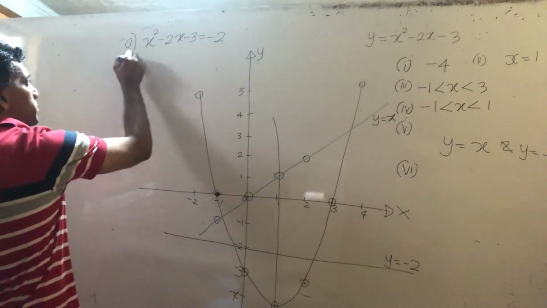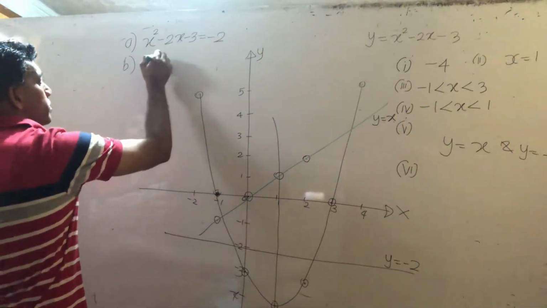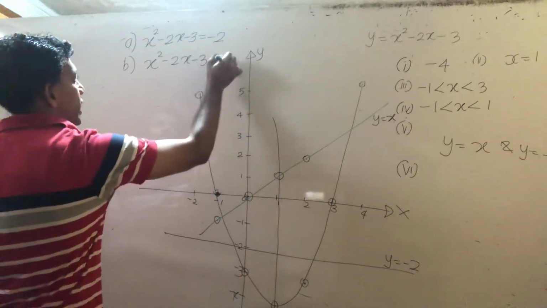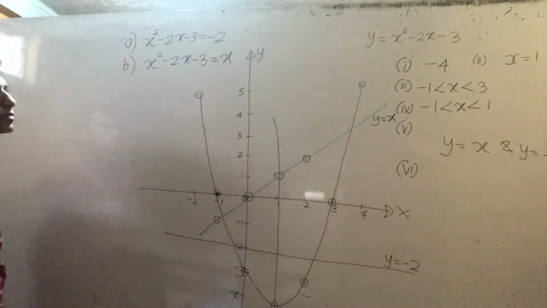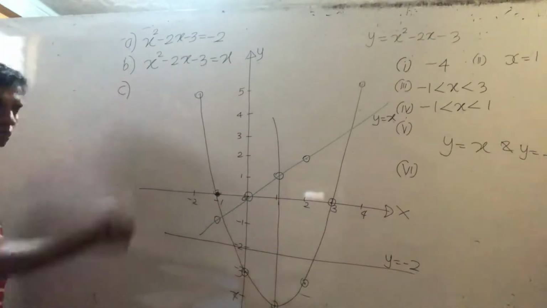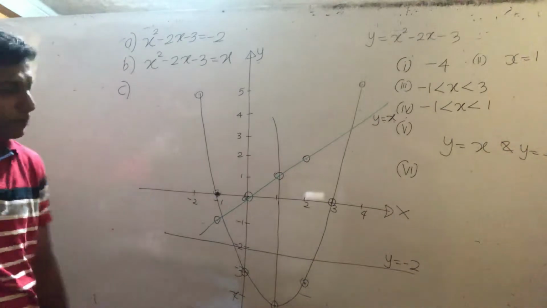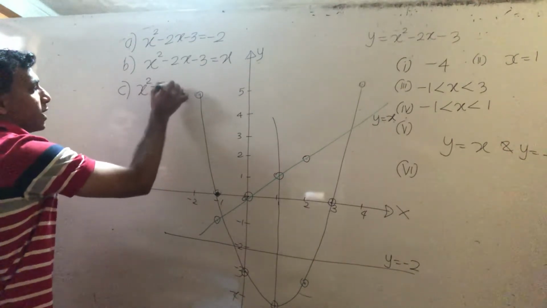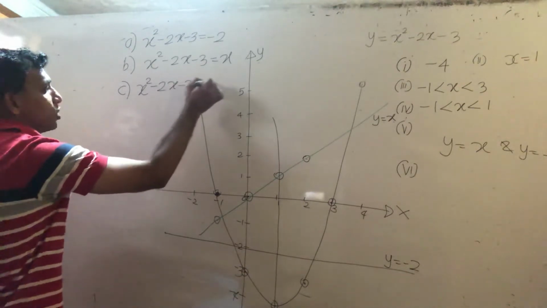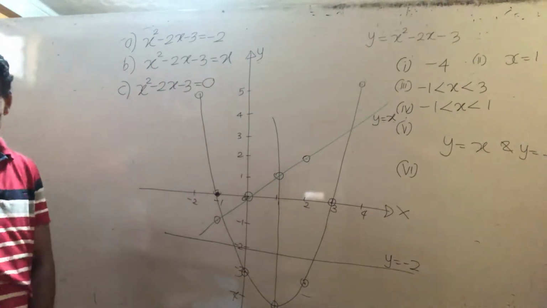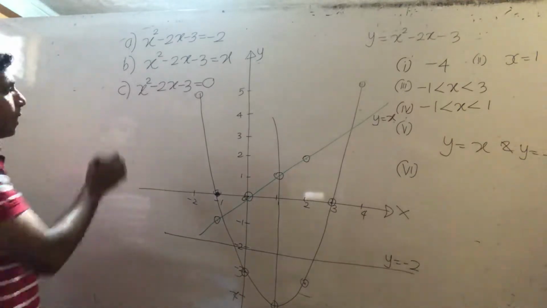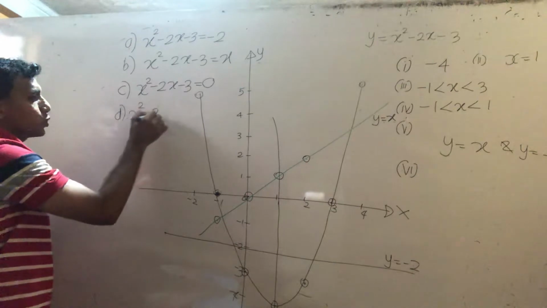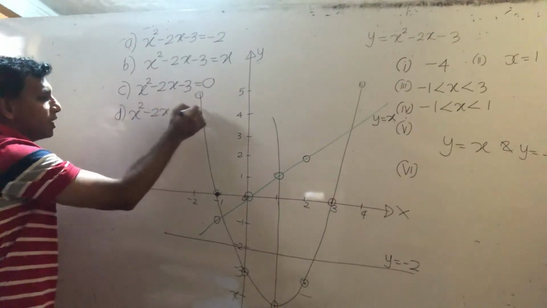B part: x square minus 2x minus 3 equal x. C part: x square minus 2x minus 3 equals 0. And the D part: x square minus 2x minus 1 equal to 0.